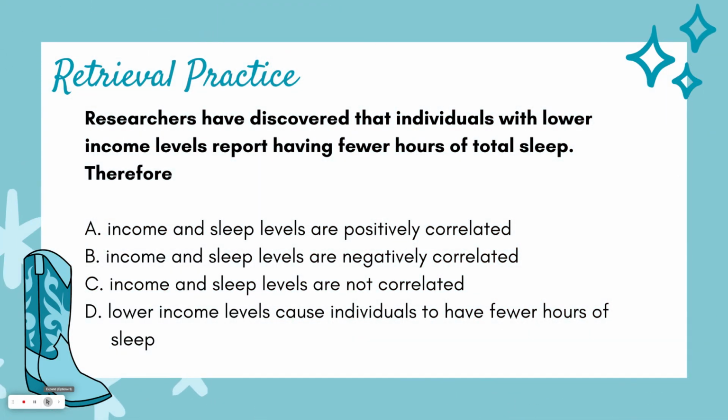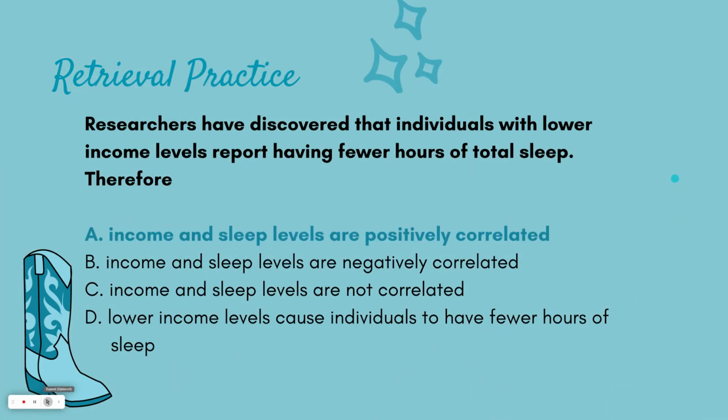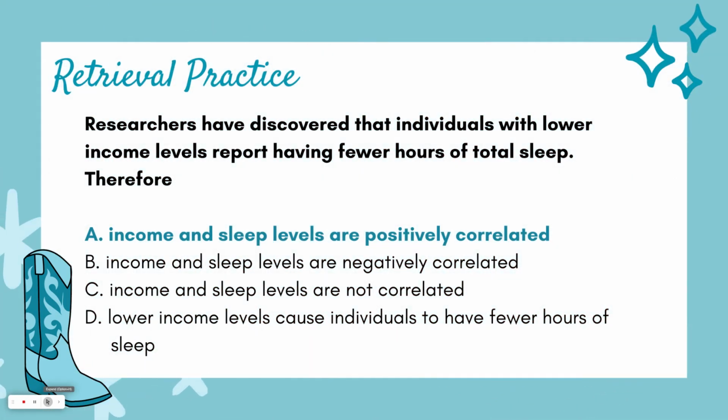Next, researchers have discovered that individuals with lower income levels report having fewer hours of total sleep. Therefore, which of these answer choices fits this scenario best? Go ahead and answer. Hopefully, you said A, that income and sleep levels are positively correlated.